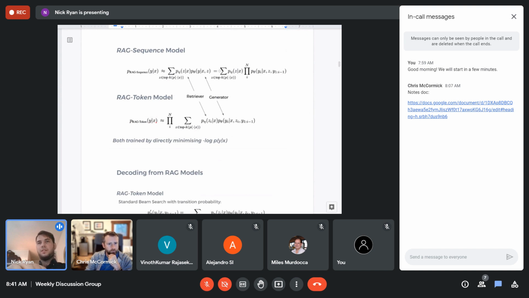And if the document is used as your input, it's apples and oranges to try and say the highest probability from document 1 versus the highest probability from document 2. It's not clear how to compare those in a fair way. So this is just this term, and this marginalization of our documents is just the way that we try and account for that.